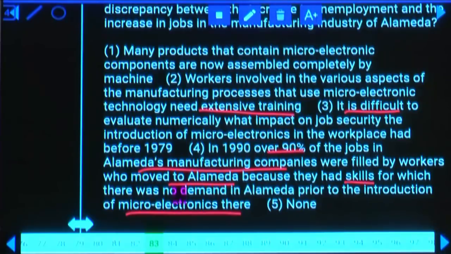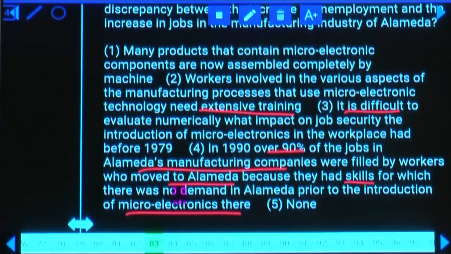Now we cannot say who is true and who is false. We are not supposed to check the truth and falsity of the statements. We have to take it for granted that the statement made by the labor leader is true and the statistics given by the department are also true. We have to take both as true. Then if it is true, what is the main thing that happened?